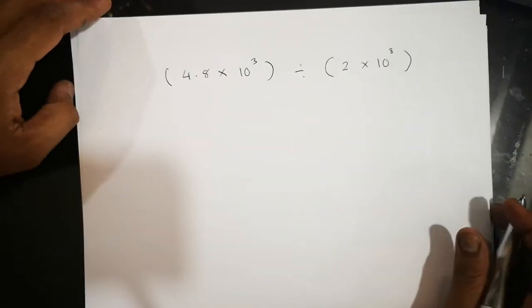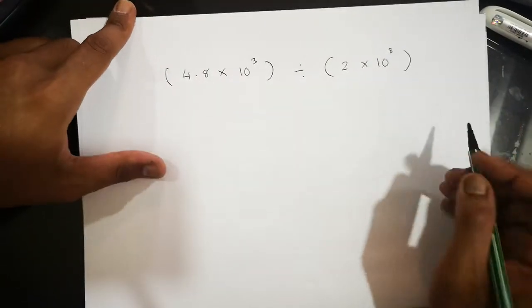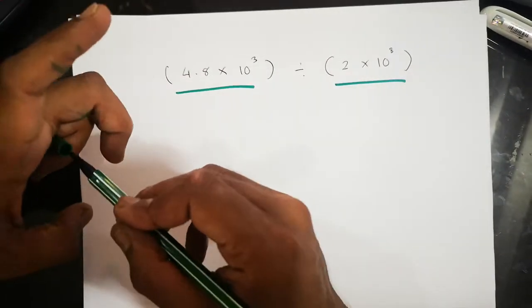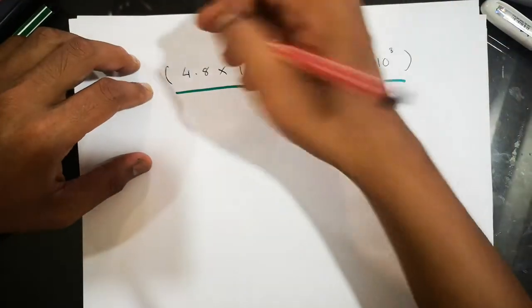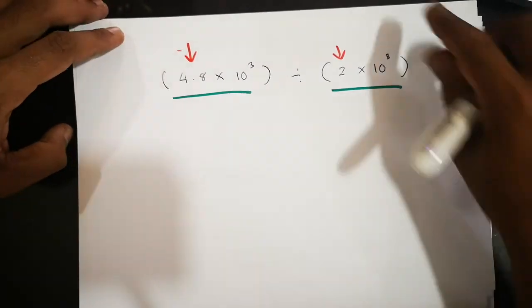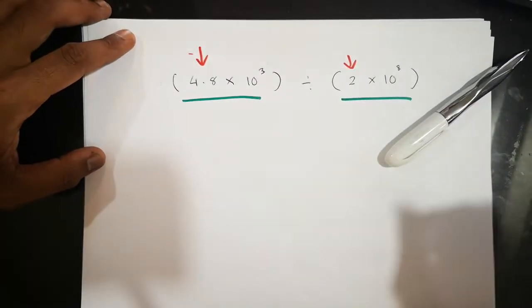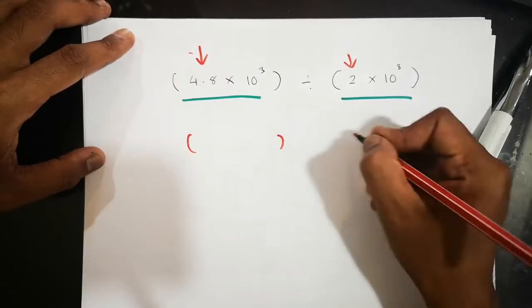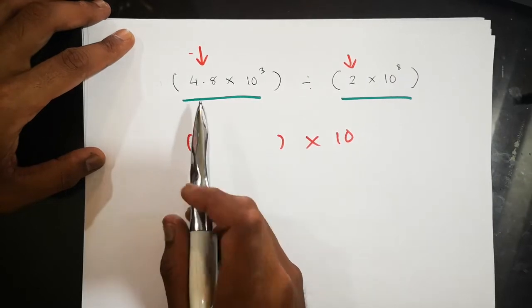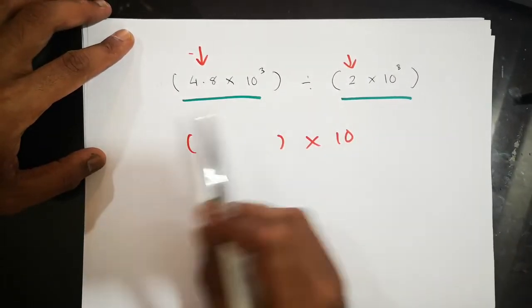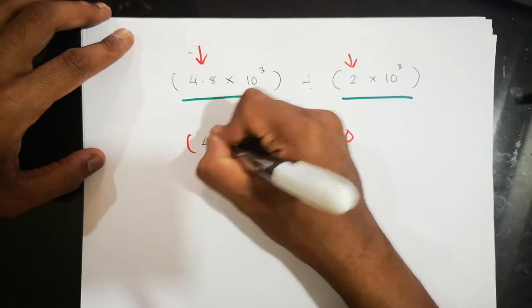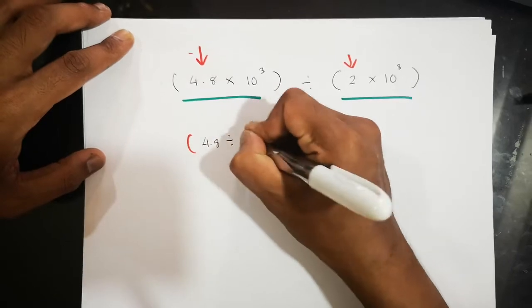So how I do it, let me segregate the question for you again. This is the first one, this is the second one. This is the A, this is the A. So it's the same concept as multiplication. What you do is this, multiply by 10 to the power of something. Now instead of multiplying the A, what you do now is divide the A. So it's 4.8, I divide by 2.